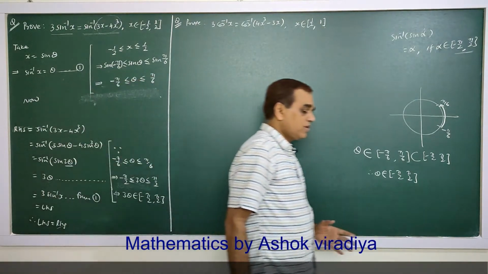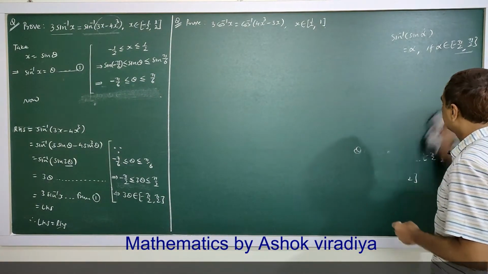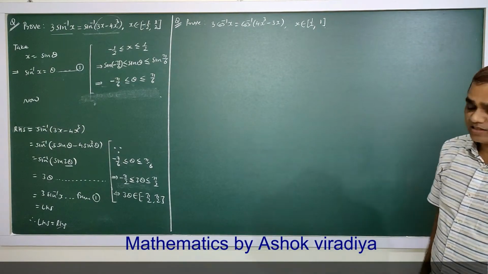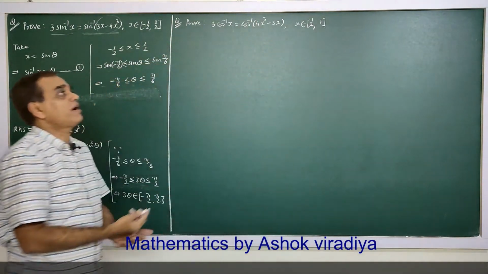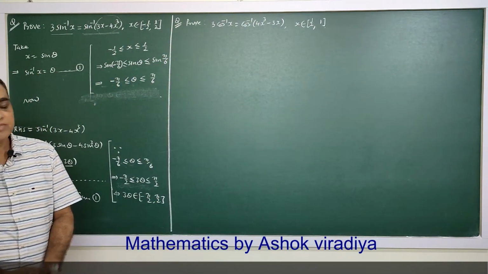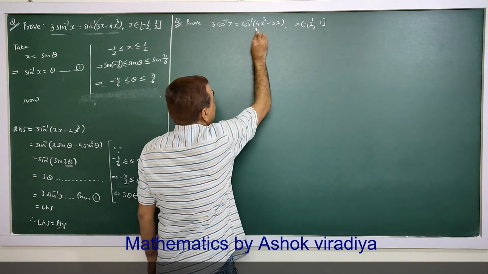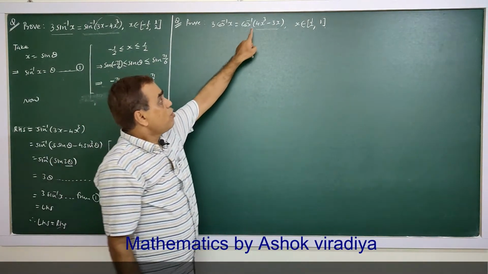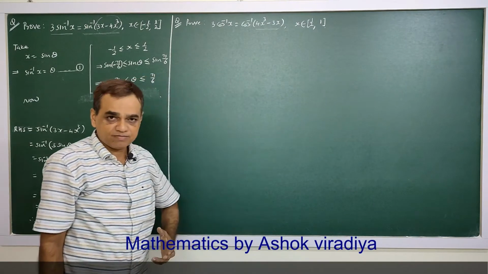Now let us discuss a similar next question. In this question, prove that 3 times cos inverse x equals cos inverse of 4x cube minus 3x. Look at the RHS. Here you can find it matching with 4 cos cube theta minus 3 cos theta.